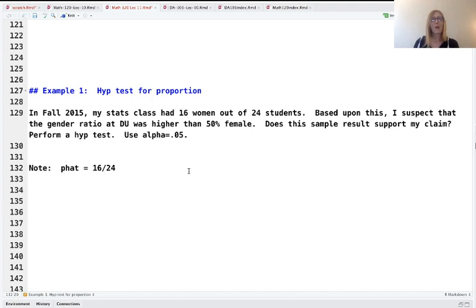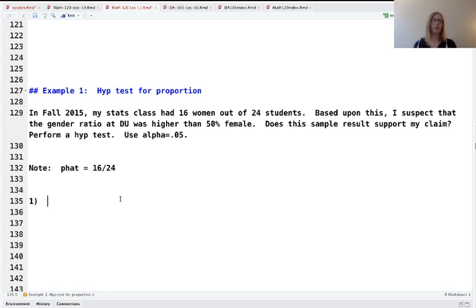But does this sample result support my claim? This sample that I saw, does it support my suspicion that more than half of students at Denison are female? Well, let's investigate. Let's perform a full hypothesis test, and we're going to use alpha equals 0.05.